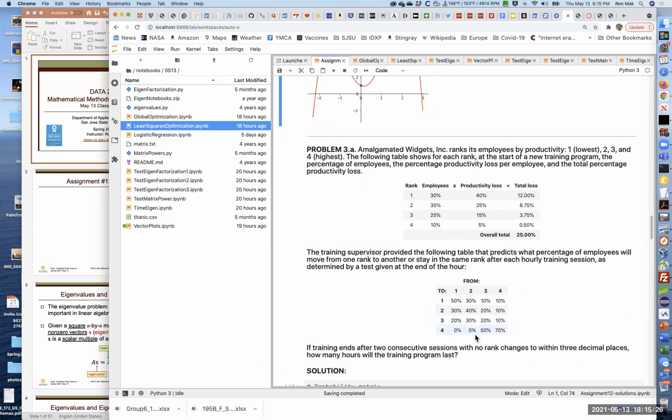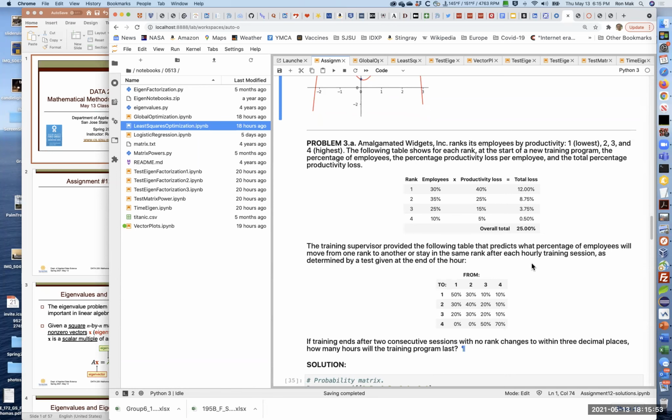So after 1 hour you apply this, and after another hour you apply it again. This is very similar to the problem where customers go to stores, and at the end of the year a certain percentage of them move from one store to the next. It's that kind of problem.